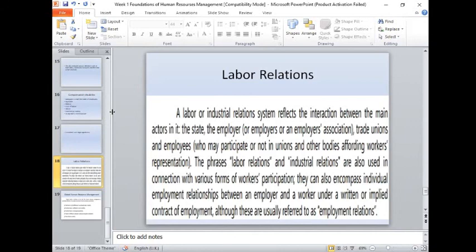So this is also the critical part. It's about the relationship of the labor and the management towards the working conditions and the compensation or the remuneration. That's why if there are some employees who do not feel happy or do not feel secure in the company, this is the reason why the employees establish labor unions.